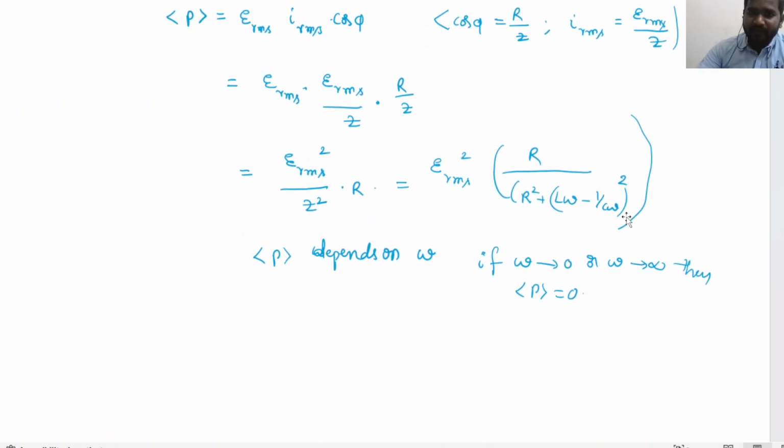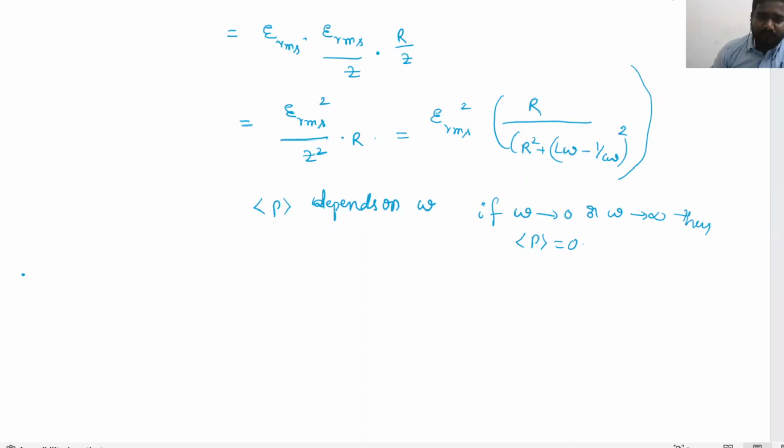And if you take one more point, at resonance, L omega equals 1 by C omega.